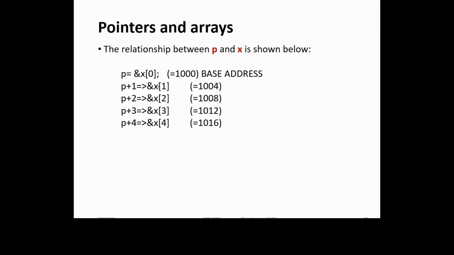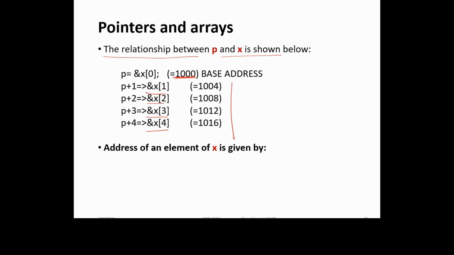Some more examples. The relationship between p and x can be shown like this. p = &x[0], p + 1 is like &x[1], p + 2 is like &x[2], p + 3 like &x[3], &x[4], and so on. If the base address is 1000, then these will be the values for these different operations.